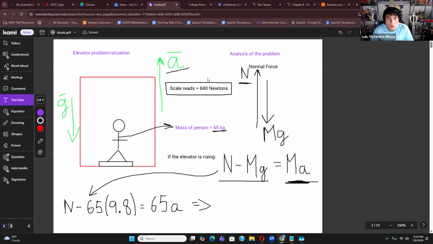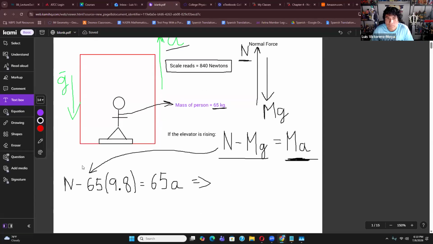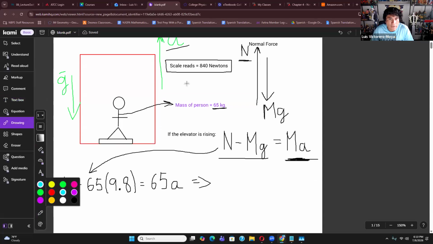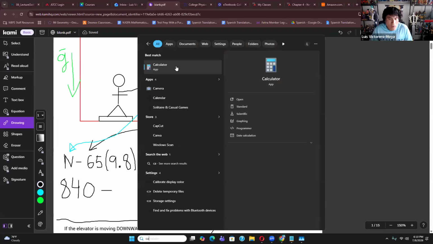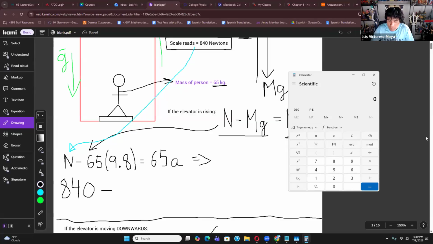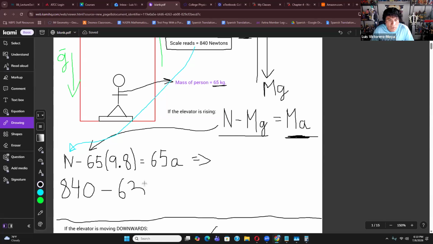The normal is what the scale reads, so the scale reading is the normal. So I will write the equation: 840 minus mass times gravity, which is close to 650, yeah, 637, equals ma, which is 65a.